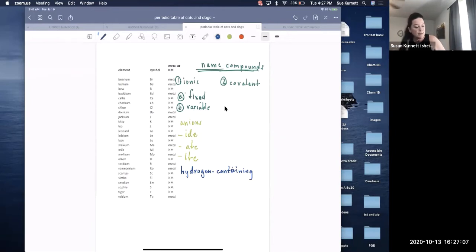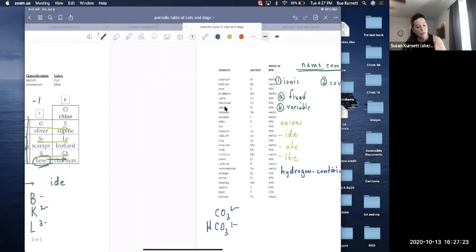So just like for carbonate, we would have CO3 2-. Hydrogen carbonate is add a hydrogen and change the charge by 1. And the hydrogens are actually hydrogens. H is for hydrogen. That's one kind of derivative.